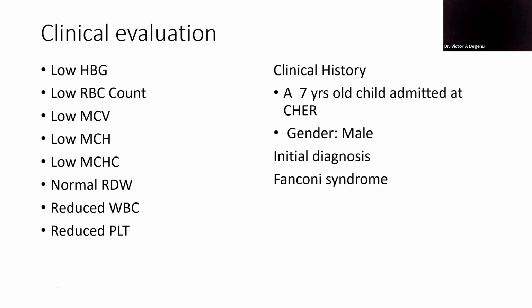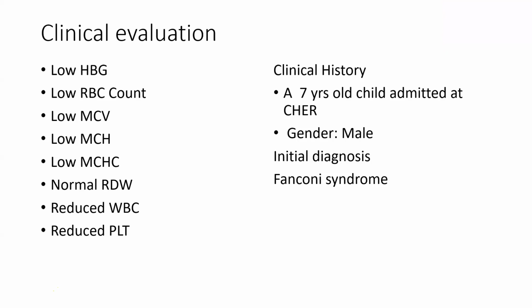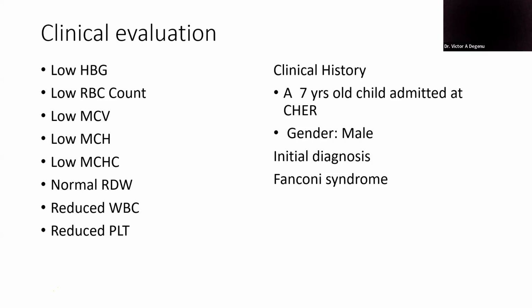So Fanconi syndrome is basically a rare disorder affecting kidney proximal tubules, leading to excessive loss of important substances like glucose, amino acids, phosphate, bicarbonate, and other electrolytes in the urine.